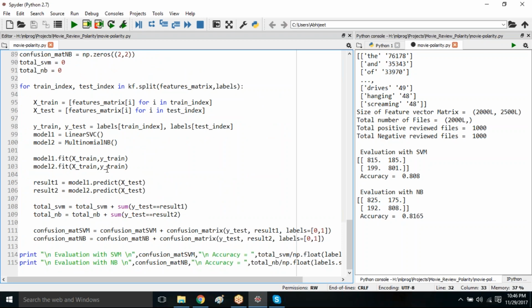Maybe in the next session, on the same data set, I will show you TF-IDF. We will talk about TF-IDF and then I will show you how we use it.